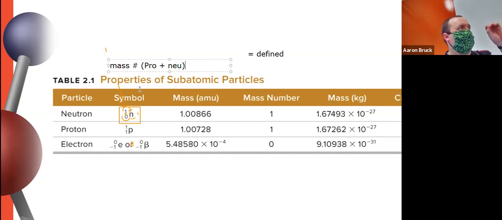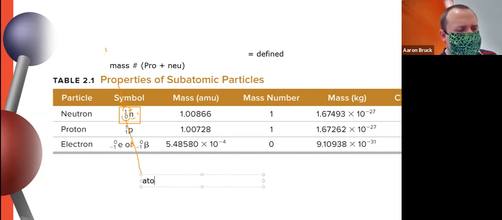It is 1 neutron with no protons. The bottom number here represents something called the atomic number. And we can kind of broadly think of this as the number of protons.